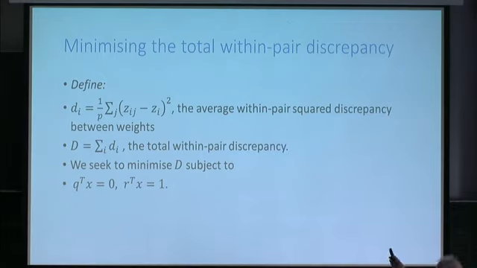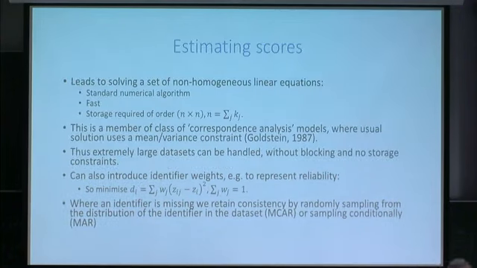And so what we do is we minimize this big D subject to those endpoint constraints. There's a couple of vectors there that give you those constraints at 0 and 1. And it turns out that that, in fact, is a very trivial numerical problem.